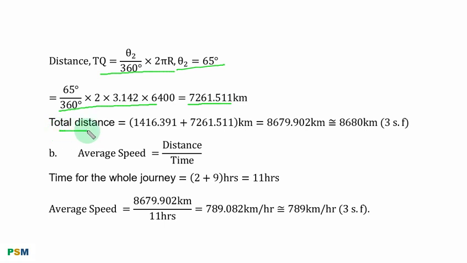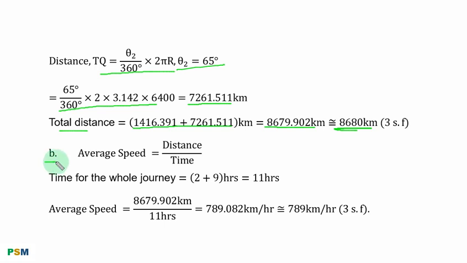Total distance becomes the addition of the two distances in this form, and you have it to be 8,679.902 kilometers. To 3SF, you have it in this form.